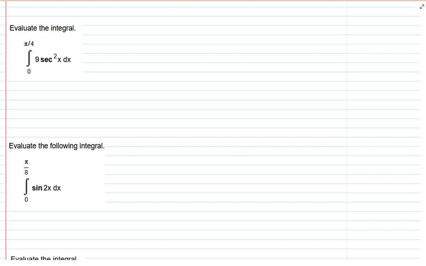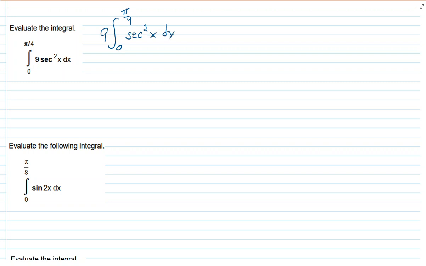some kind of movement. So here we have our trig. And we're going to look at the 9 on the outside because it's a multiplier. So we have this.